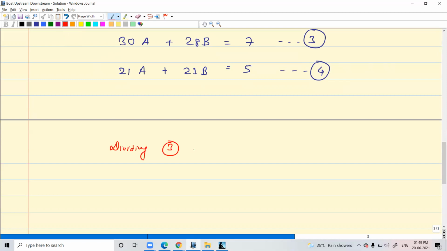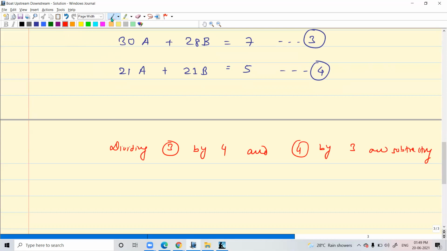So dividing the third equation by 4 and the fourth equation by 3, and subtracting. What do we get?